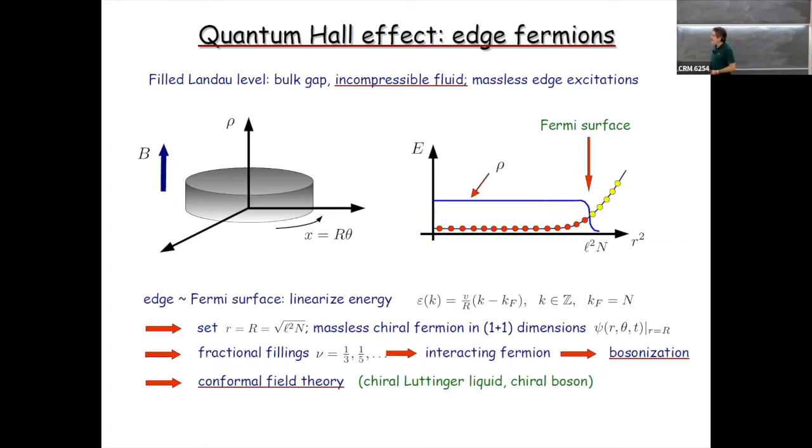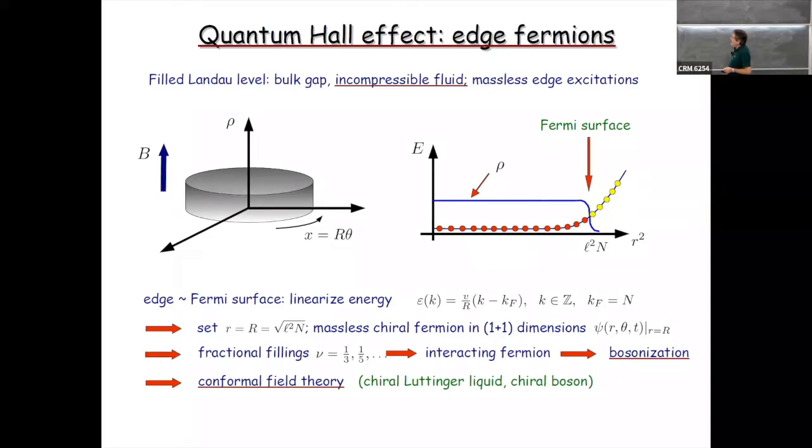For example, if you fill completely the first Landau level, then you have a droplet with roughly constant density. Because this is a radial view, you see that these red dots are filled Landau orbitals, and they are all filled, and so they all together make this droplet density.